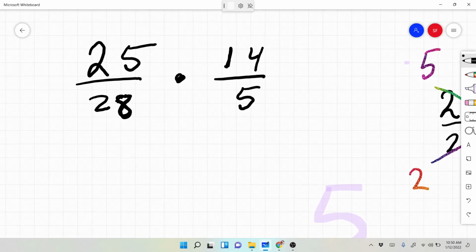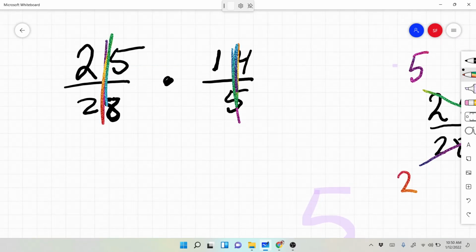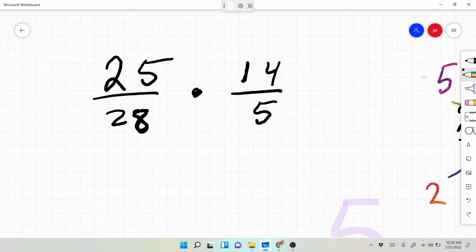All right, so we already said we can't reduce this way because 25 and 28 doesn't reduce. We can't reduce that way because 14 and 5 don't reduce. But we can look at the diagonals, right? So does something go into 25 and 5? 5 does, absolutely. So what's 25 divided by 5?